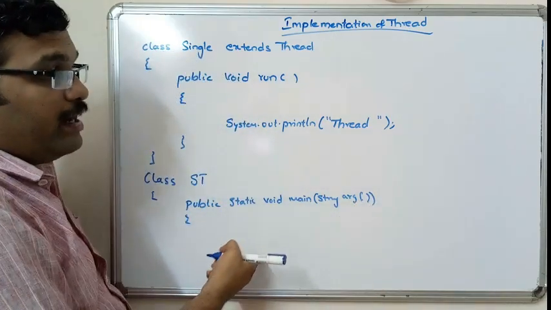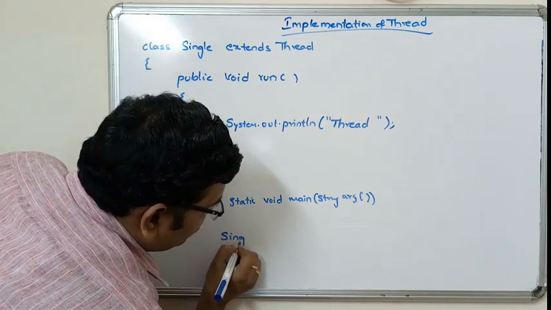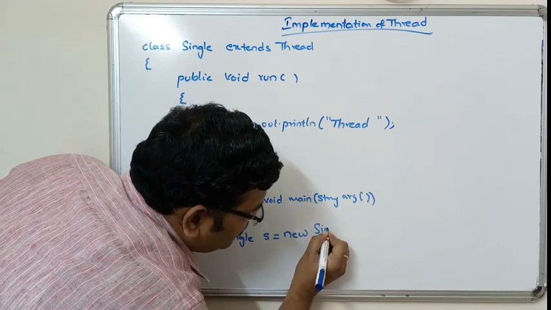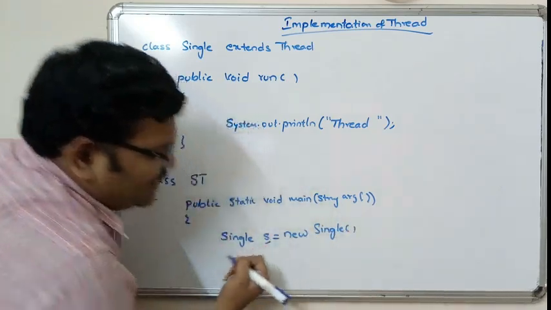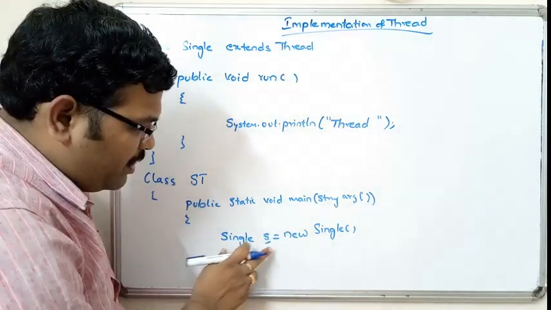Here we have to create an object for the derived class. So Single s is equal to new Single. Here s is an object, so we can write anything, s, t, obj, whatever it may be, right?